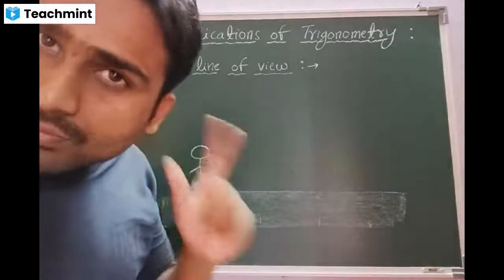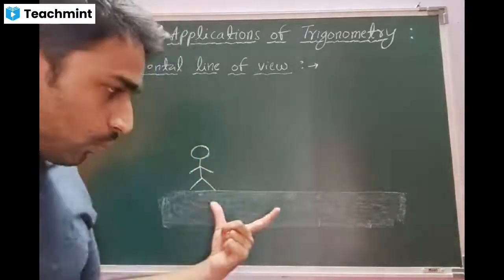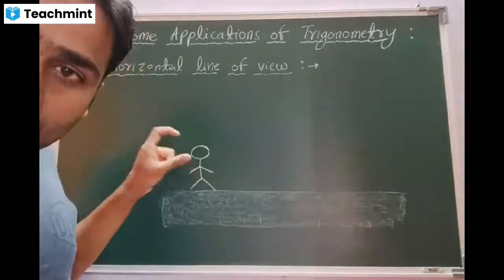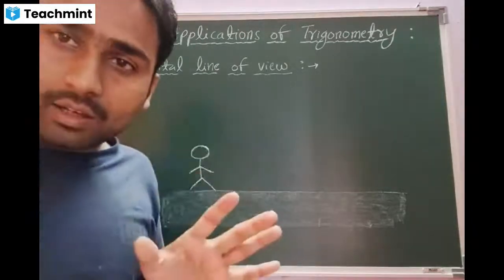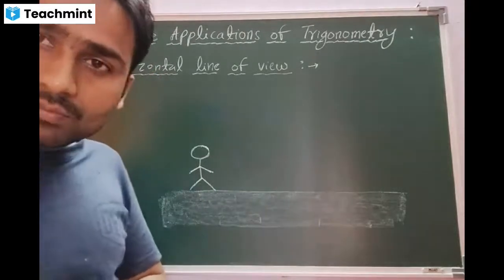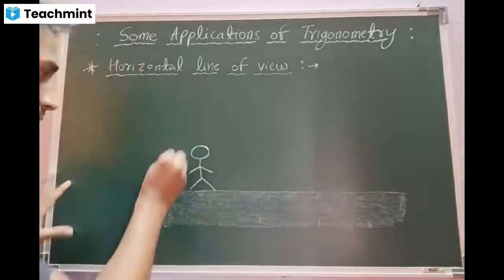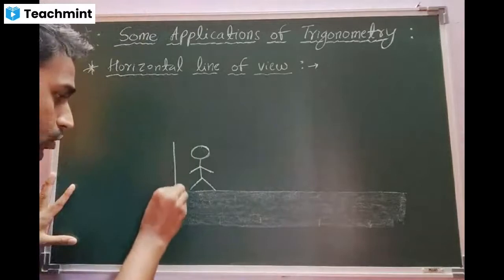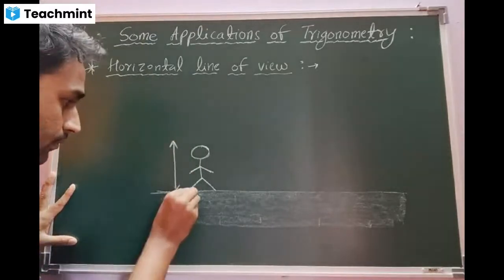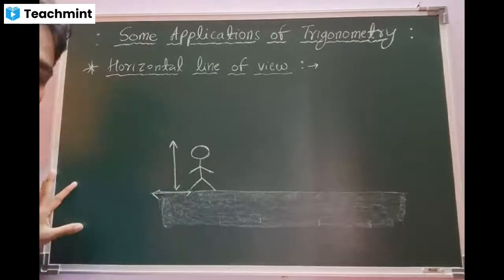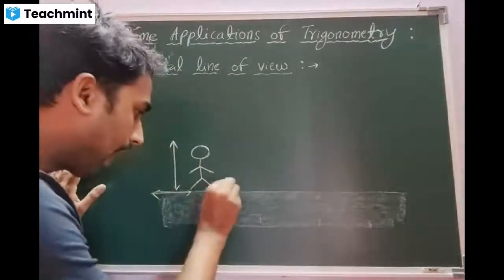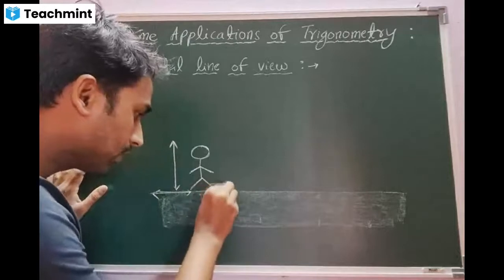Now the condition with this ground surface: the boy standing should be at right angle. Which angle, beta? Right angle. It means he is standing straight like a soldier on the ground. The formation of a 90-degree angle should take place here.